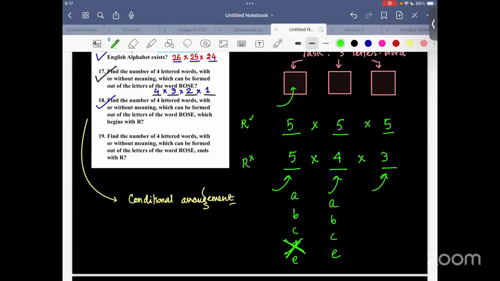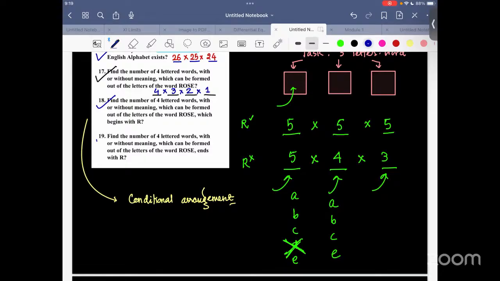So let us do question number 19. Fatafat. Please do question number 19. 3 into 2 into 1 into R. Very good.